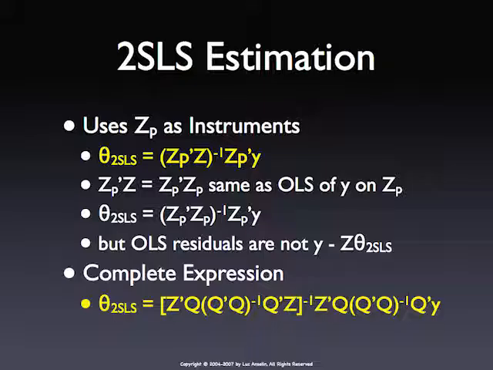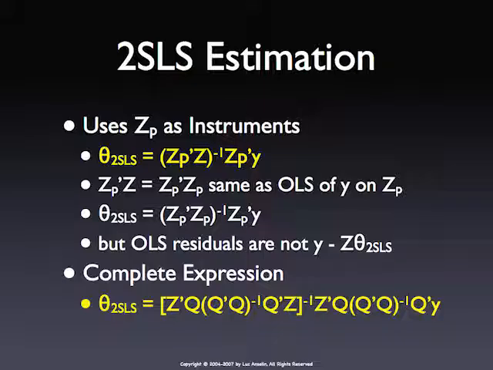That's fine, except that the residuals are not the right residuals. The true residuals of the model are the difference between Y and Z times theta, not the difference between Y and ZP times theta.